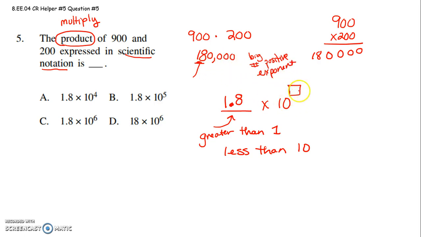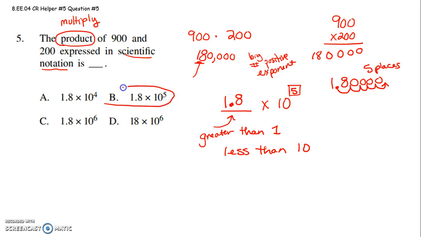To determine what that exponent is, if I had a decimal point right here, 1.8 and then 1, 2, 3, 4 zeros, and I have to get it back to 180,000, I'd have to move that decimal point 1, 2, 3, 4, 5 places. It means my exponent is a 5. So the final answer here would be 1.8 times 10 to the 5th.